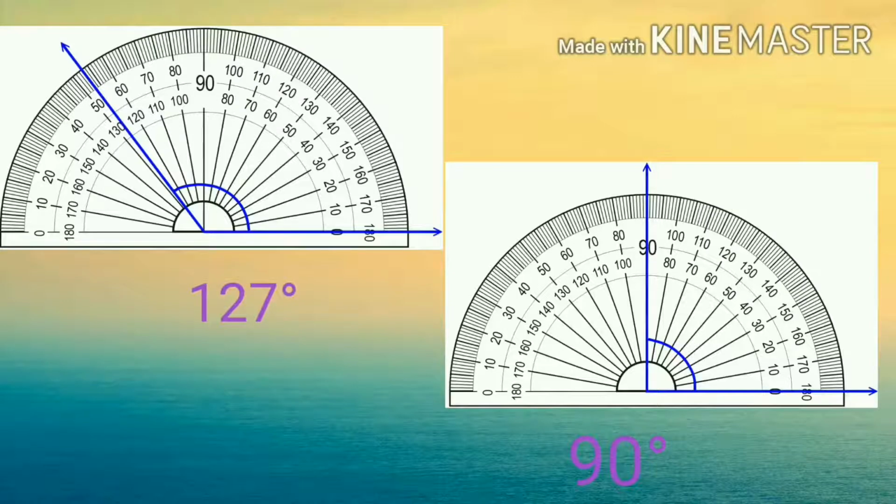The angles drawn here are on the inner scale. The first angle is of 127 degree and the second angle is of 90 degree.